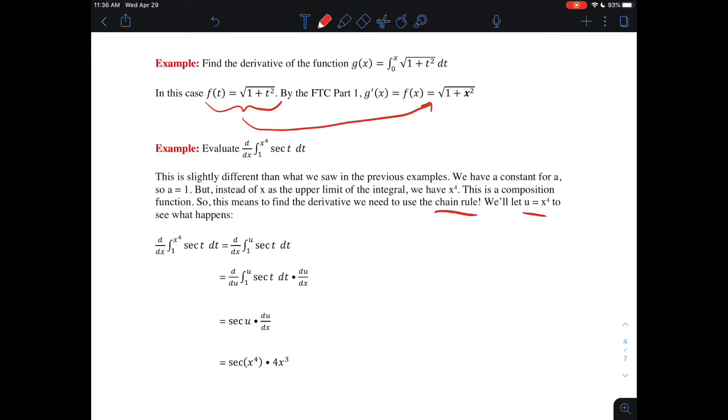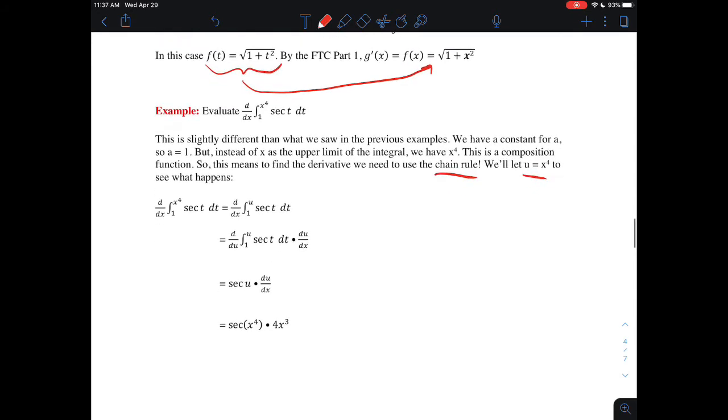So now, here's where I use the chain rule. Instead of taking the derivative with respect to x, I'm going to take the derivative with respect to u first of that integral from 1 to u of secant t dt, but then I have to multiply by the derivative of u with respect to x. So this is where the chain rule came in.